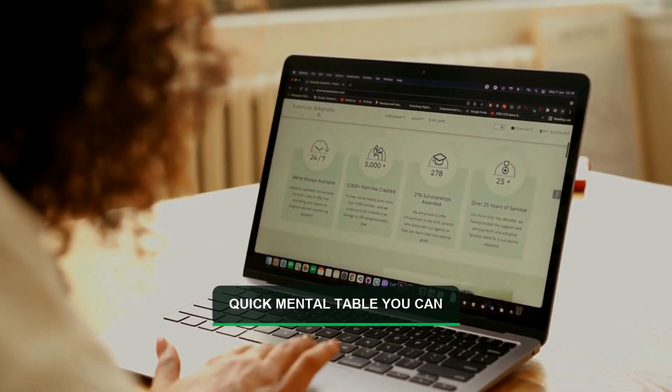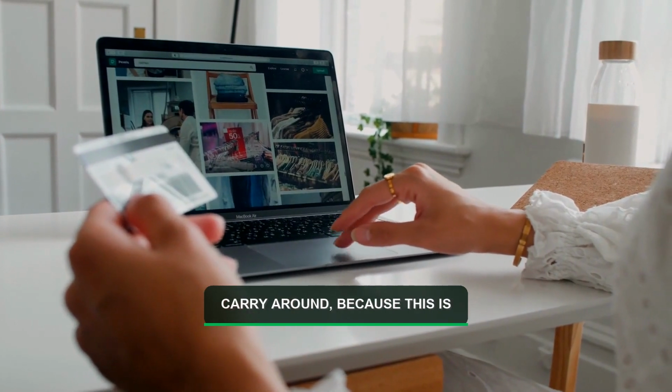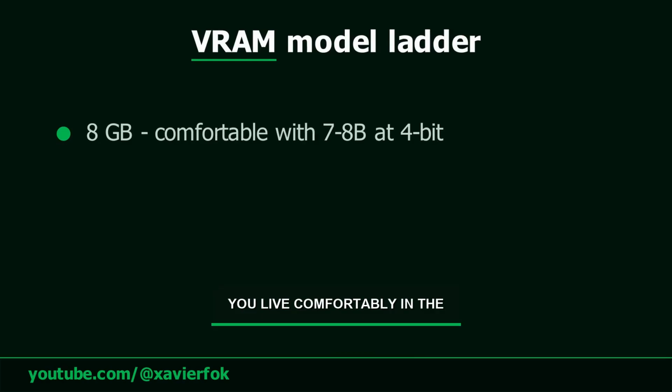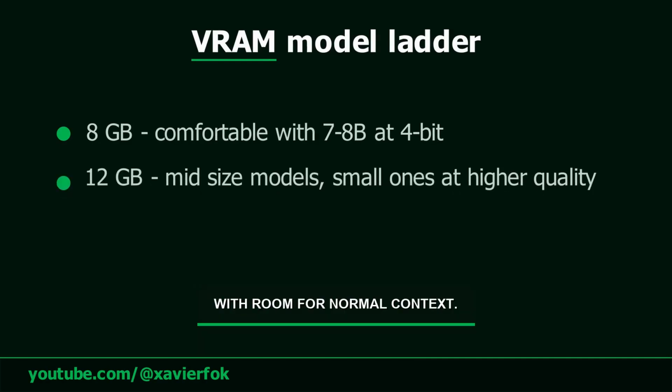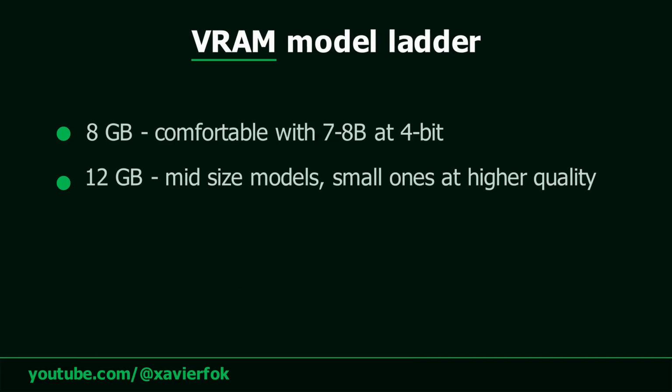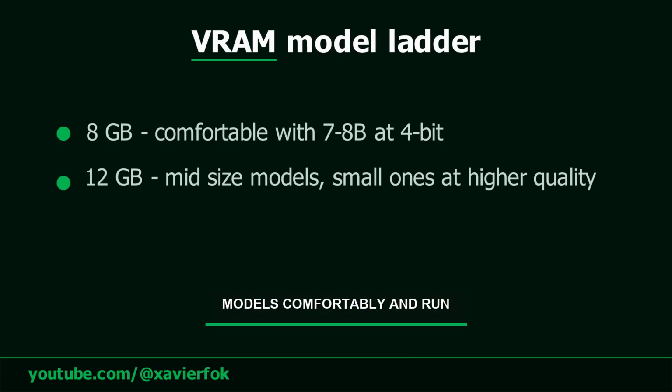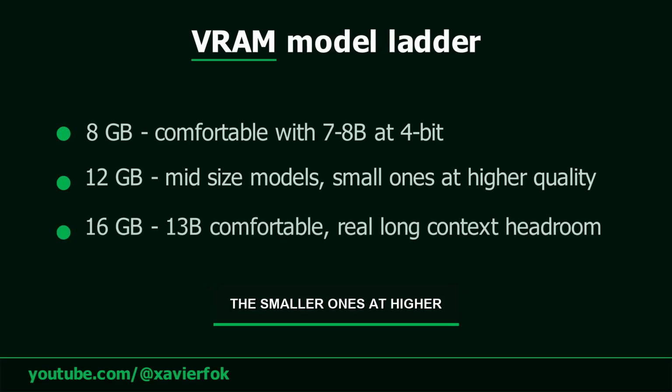Let me give you a quick mental table you can carry around, because this is the practical payoff. On 8 gigabytes, you live comfortably in the 7 to 8 billion parameter range at 4-bit compression, with room for normal context. On 12 gigabytes, you can reach mid-sized models comfortably and run the smaller ones at higher quality.